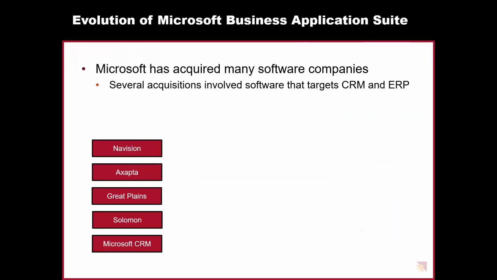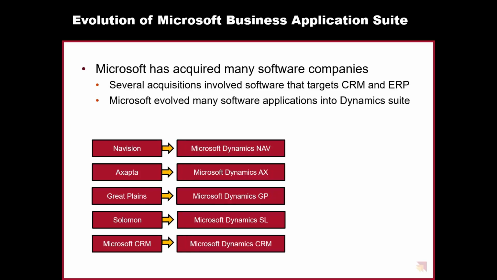Okay, now just a high-level overview of where we've come from. Way back in the late 90s and just after the change of millennium, Microsoft was acquiring a certain number of software companies that had financial packages. And one of the first things they did was move to put the Dynamics brand on all these.